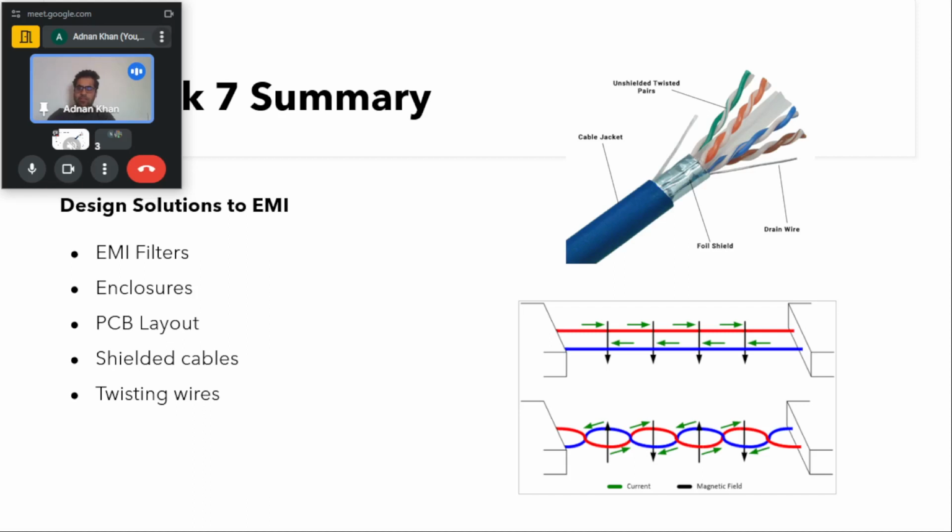But if we have an enclosure that does not allow the EMI, we shall be able to isolate a particular part or component from that EMI, and thereby limit that EMI.